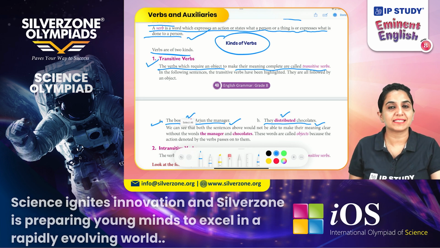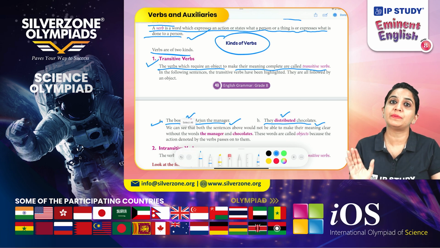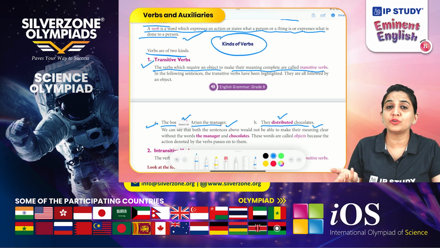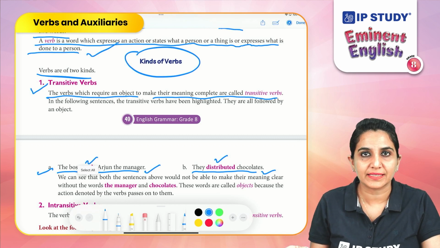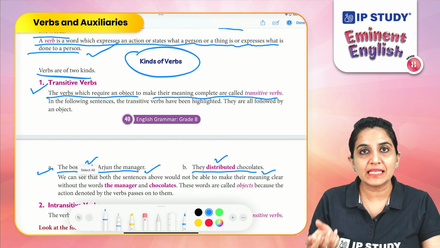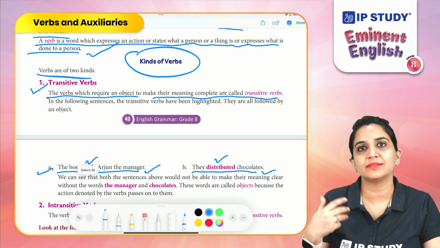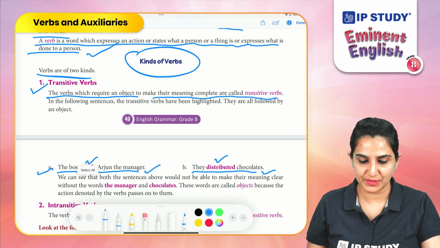Very good. Yes, it was not a complete sentence. So in order to establish the complete meaning, or to explain what was being distributed, well, chocolates. So in order to complete the meaning of the sentence, these verbs require the objects and they are called transitive verbs.